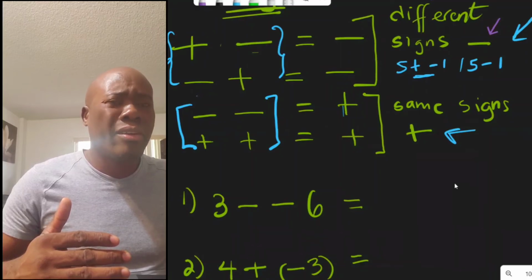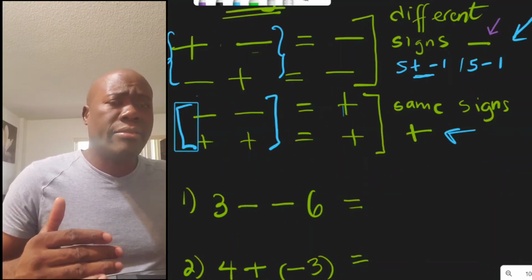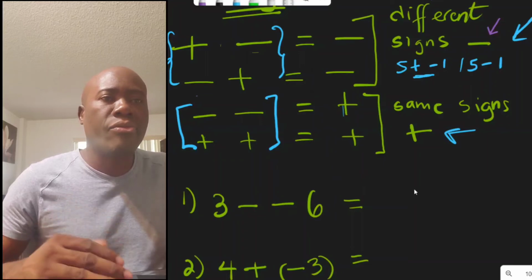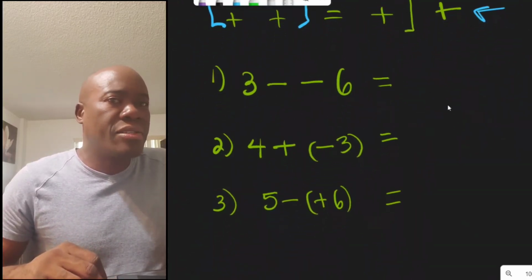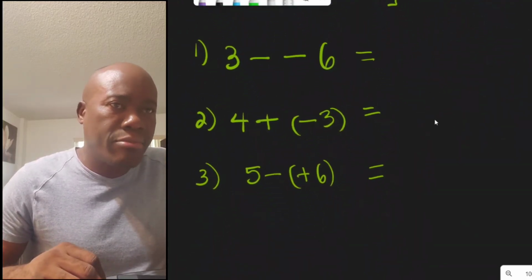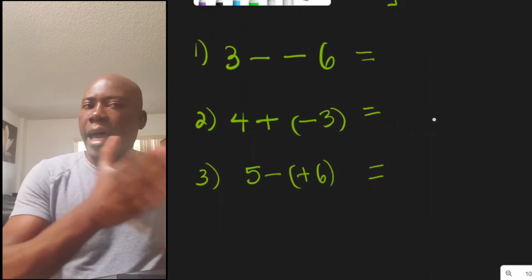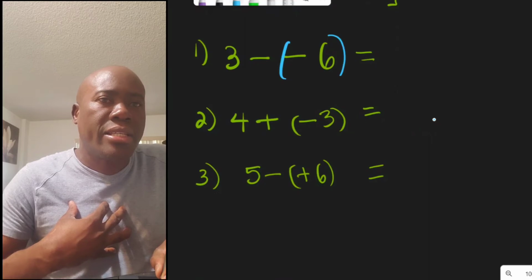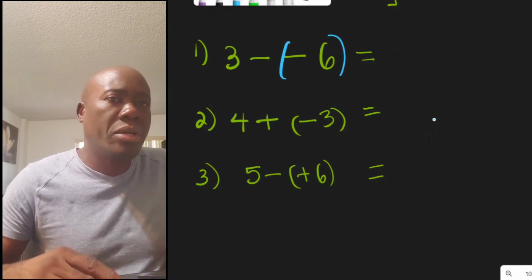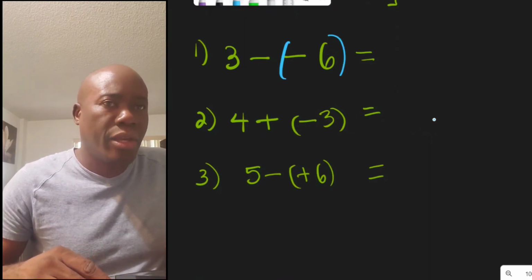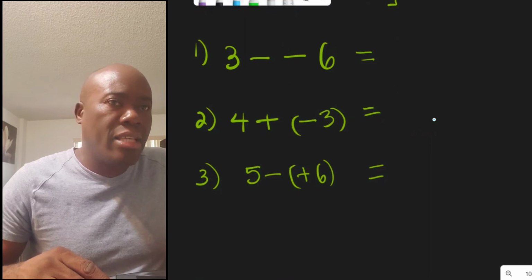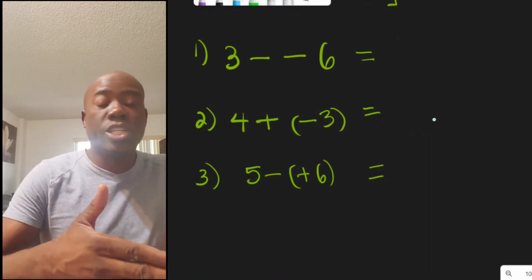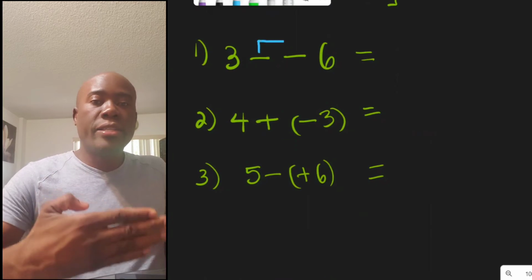All right, let's look at this. Case number 1, we're looking at 3 minus negative 6. The negative 6 could have been placed in a bracket there for you to see that the number is negative. If you look carefully, there's nothing between these two signs here. So the rules for multiplication will work themselves out here.